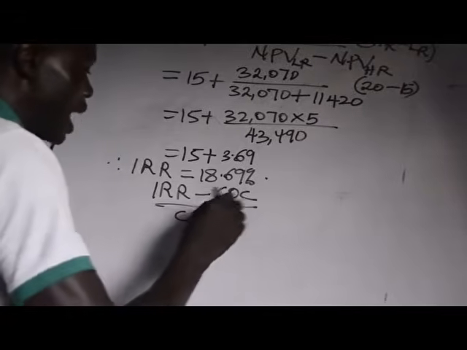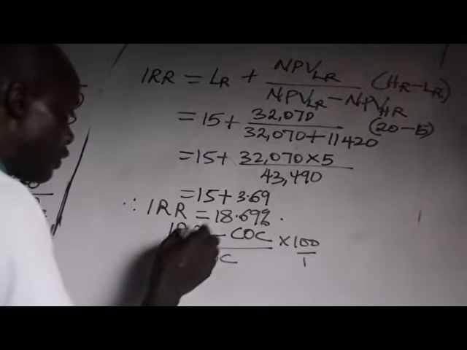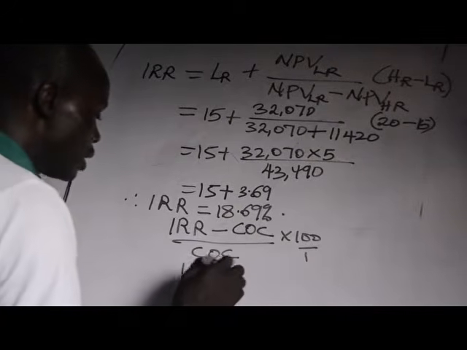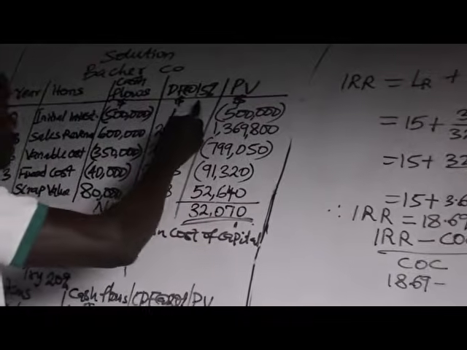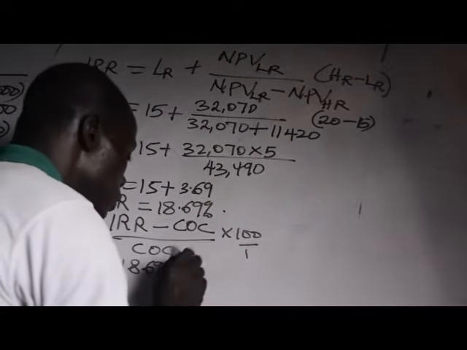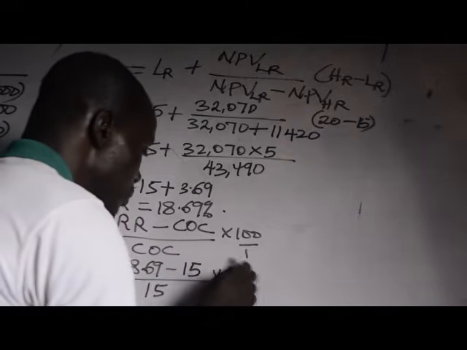Therefore, sensitivity to change in cost of capital, we said the formula is IRR minus cost of capital over cost of capital times 100. Our IRR is 18.69 minus the cost of capital, which is 15%, over 15% times 100.